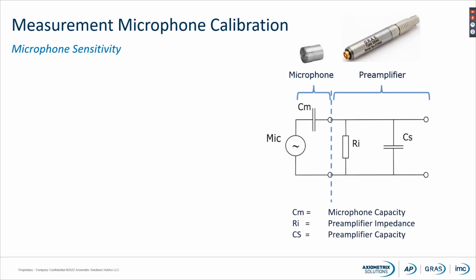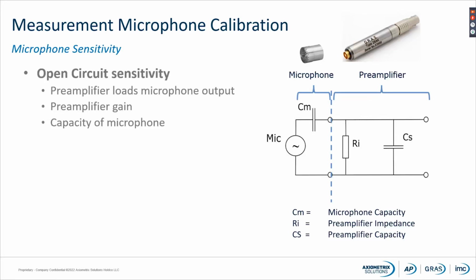Let's have a look at when we are doing calibrations of microphones. Take a microphone, the capsule itself, only the capsule. On the calibration certificate of the microphone capsule, you will find the open circuit sensitivity.